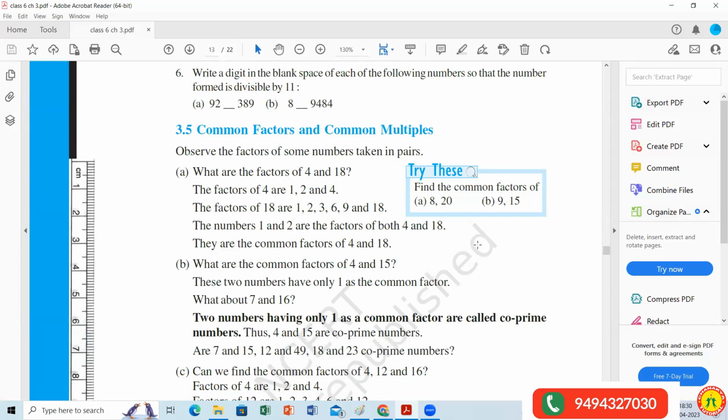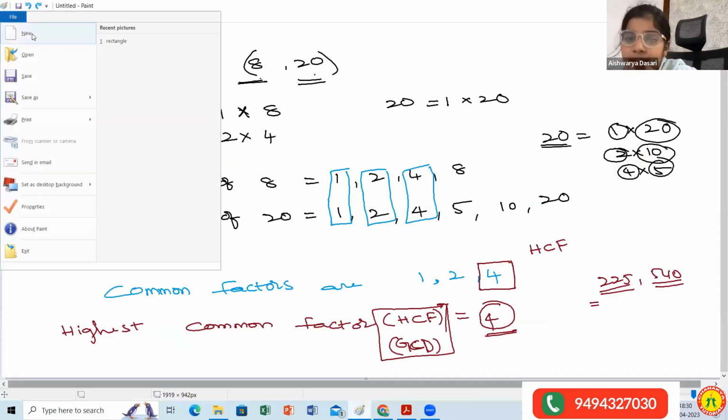What are the factors for 9? 1, 3, 9. And for 15: 1, 3, 5, 15.